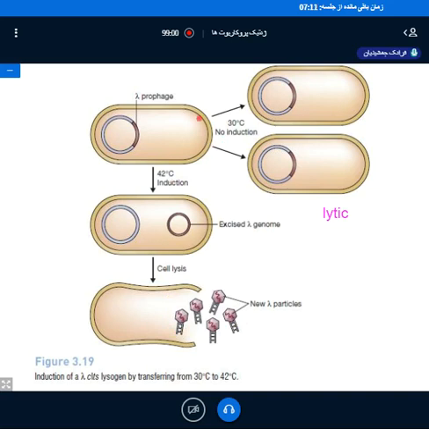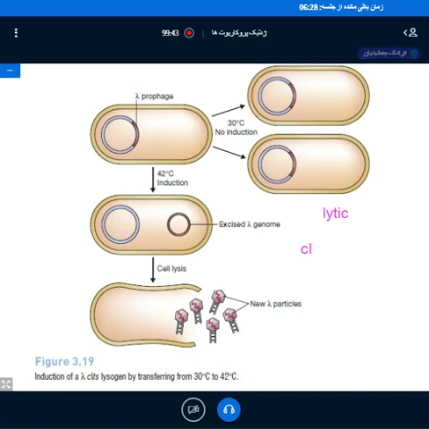Listen to me, all of you listen to me. We can use a phage with a mutation. What is the mutation? Look at here. We have the mutation in the phage, which is induced by the temperature. We have one gene, which is the C1 gene.